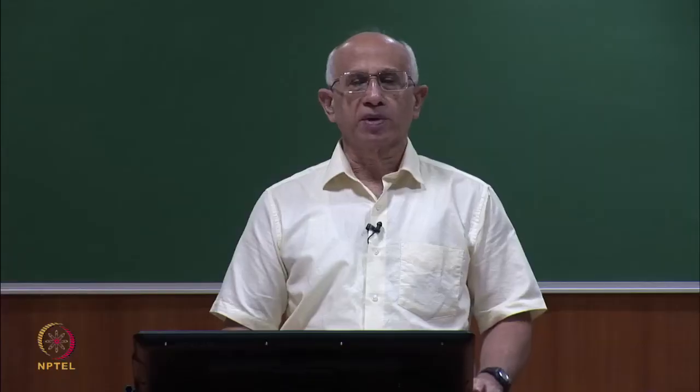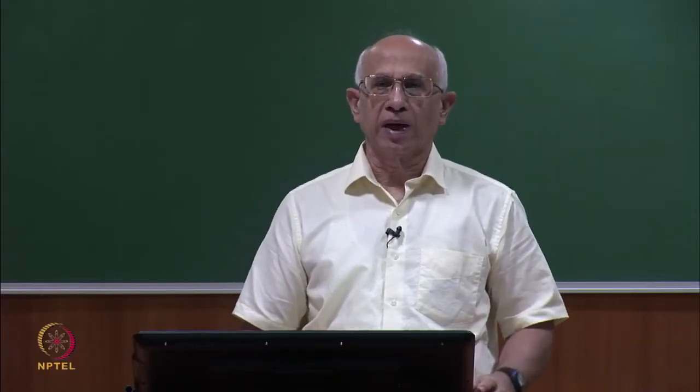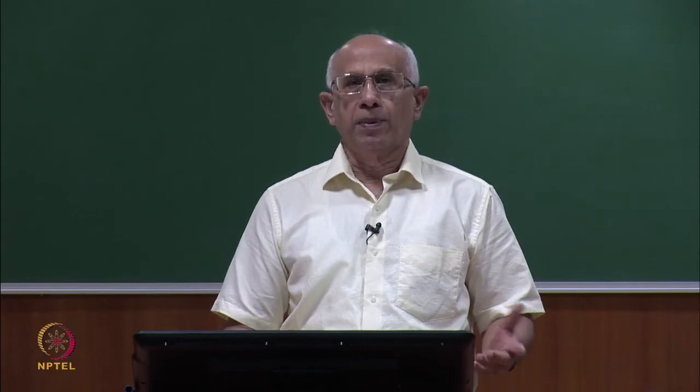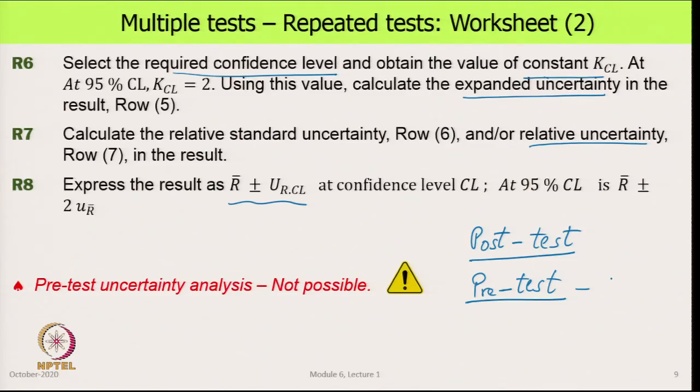We have all the information about the instruments if we are at the design stage, but that is not enough, because we need the result values. And we do not have any of these. For that we have to do the experiment. And so, since we do not have result values, we cannot even get started in this technique for doing the pre-test uncertainty analysis.